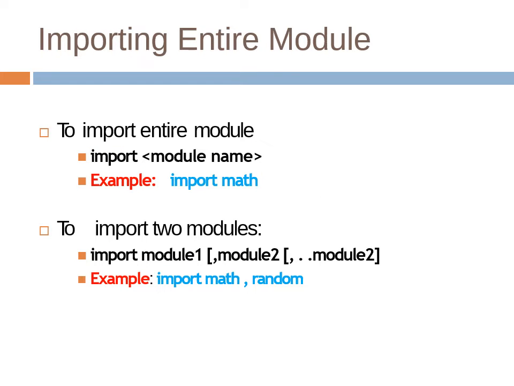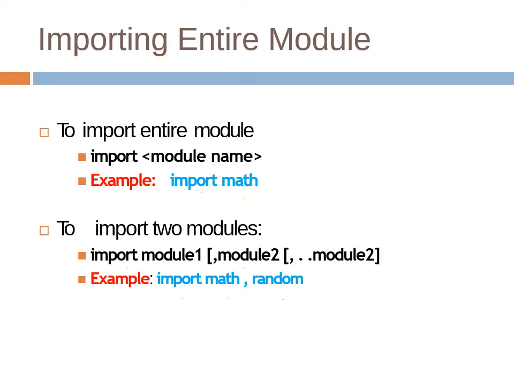Importing a module into your particular file: import and the module name is the syntax, and I've given an example, importing the math module. When you require importing more than one module, what is the syntax? import module1, module2, and so on. If you're going to import more than two modules, that can also be done here. That's the syntax, and I've given an example: import math, random.